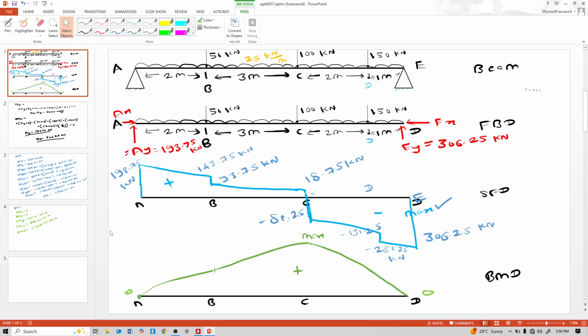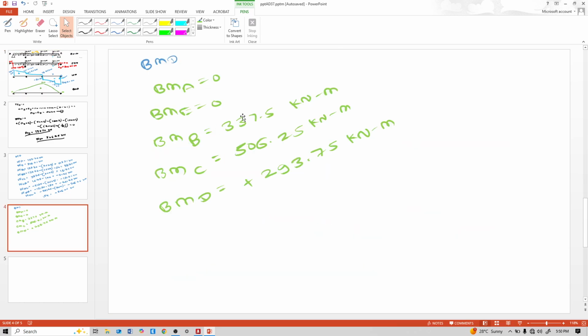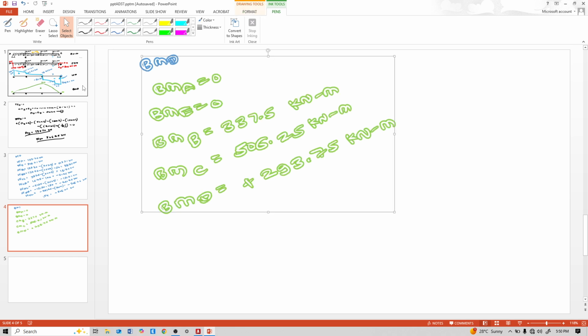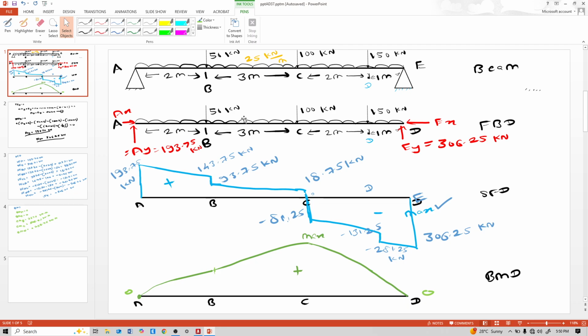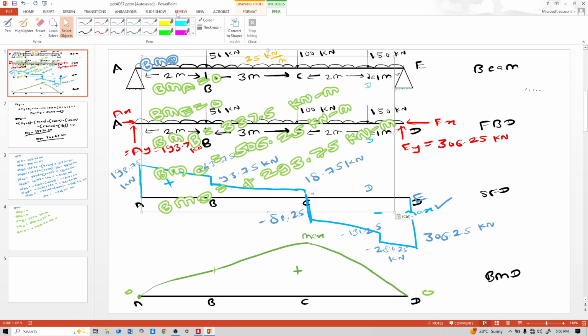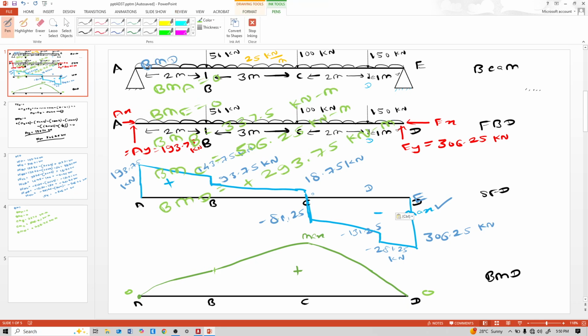And at E it is 0. So values are 337.5. This is 337.5 kilonewton meter.